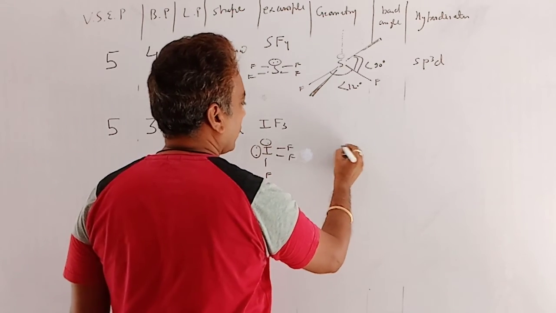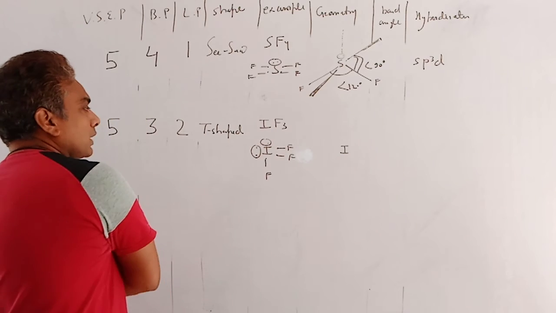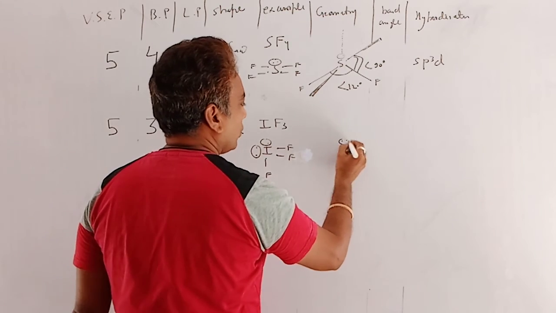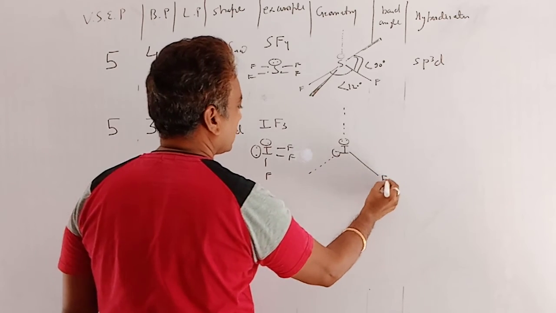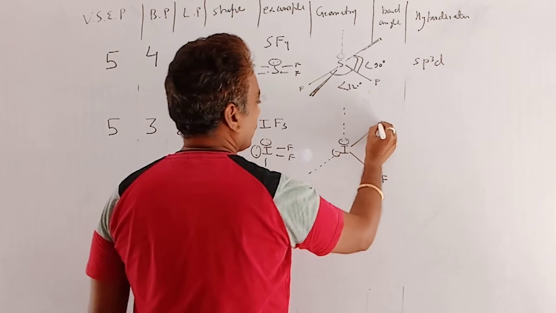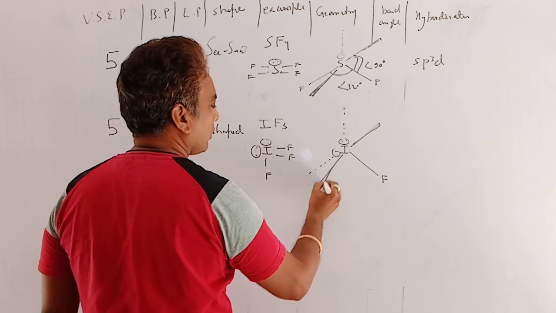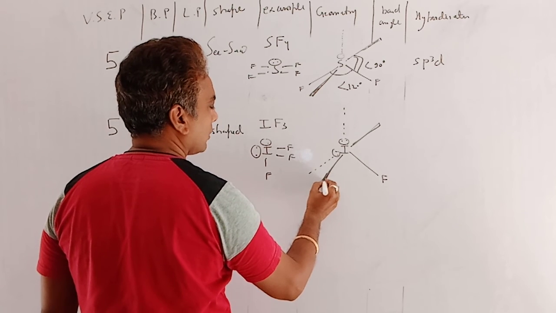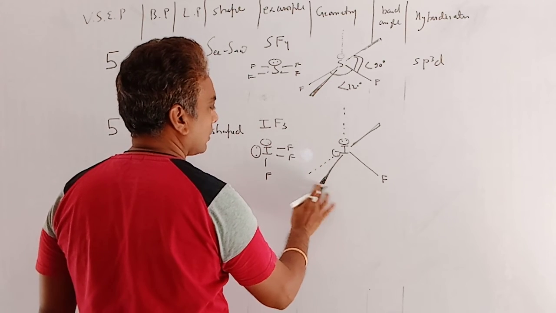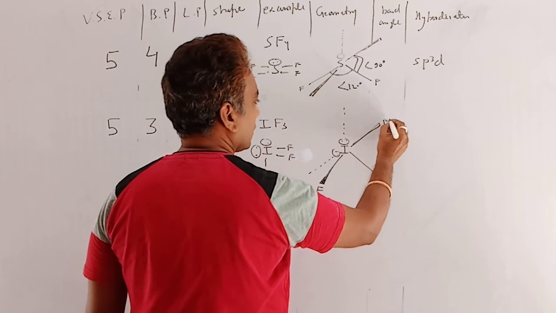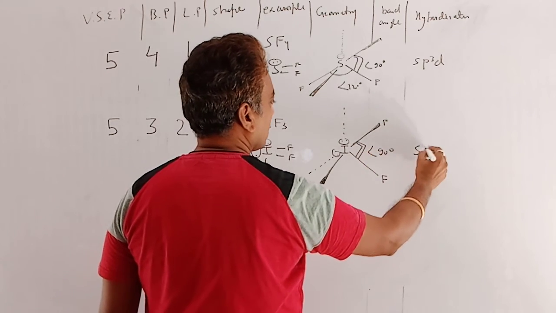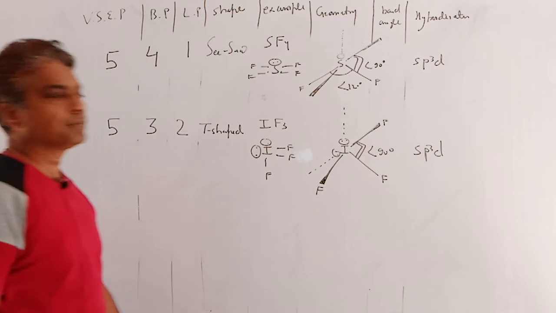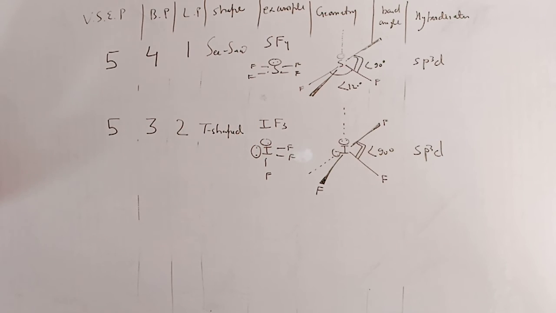So here iodine is placed at the center of the triangle and 2 lone pairs are at the 2 corners of the triangle like this. One fluorine is outward to the plane, another is downward to the plane like this. Bond angle less than 90 degree, hybridization is sp3d. Clear?